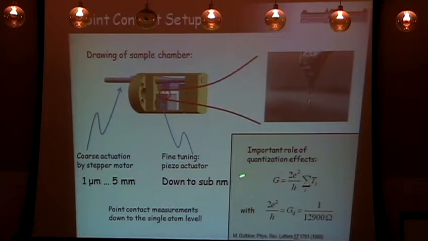I just want to show the Landauer formula for this range. It's a classical approximation where we have the conductance quantum, which is 2e squared over h. From now on I will denote it as G naught, which is the inverse of a resistance of 12.9 kilo ohms. So this is something that is really easy to measure.